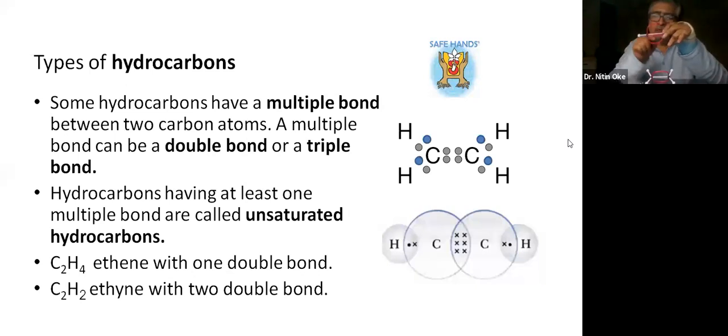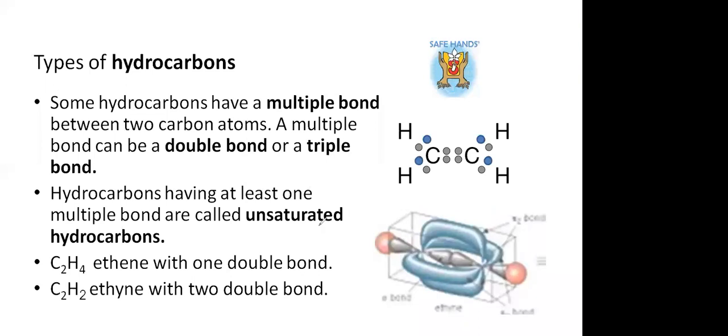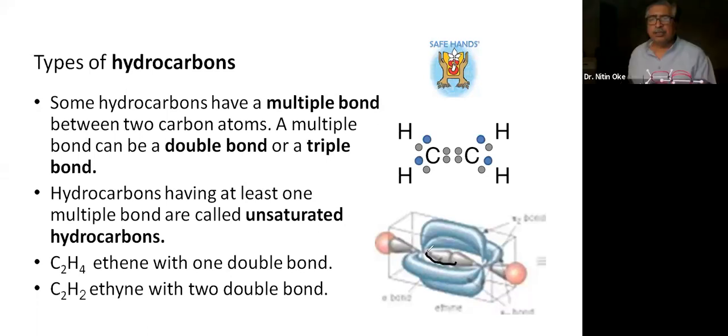This particular is over here. It is direct overlap. So if I have to tell you this, I will try to explain. You see, this particular is the sigma bond. Over here, this overlap is there. This indicates sigma bond.